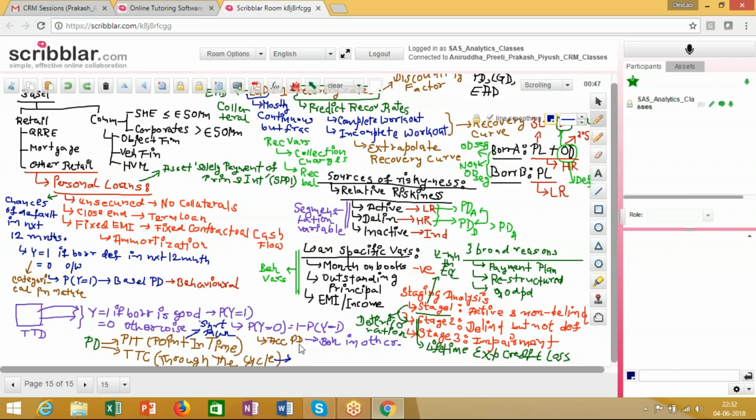So from this term you can clearly identify that the through the cycle PD is computed for long term behavior. It talks about a very long term behavior of the accounts.